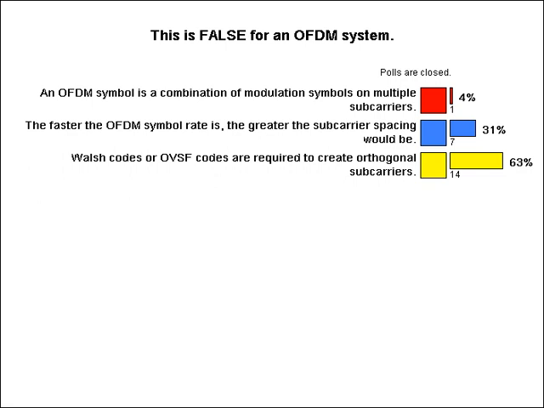It's just a trade-off. You have a two-dimensional grid. Either you have more symbols or you have more subcarriers. One of the two you will have at a given time.